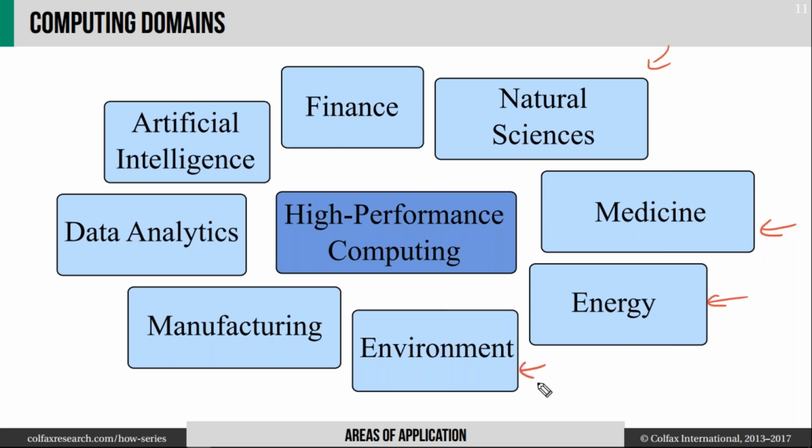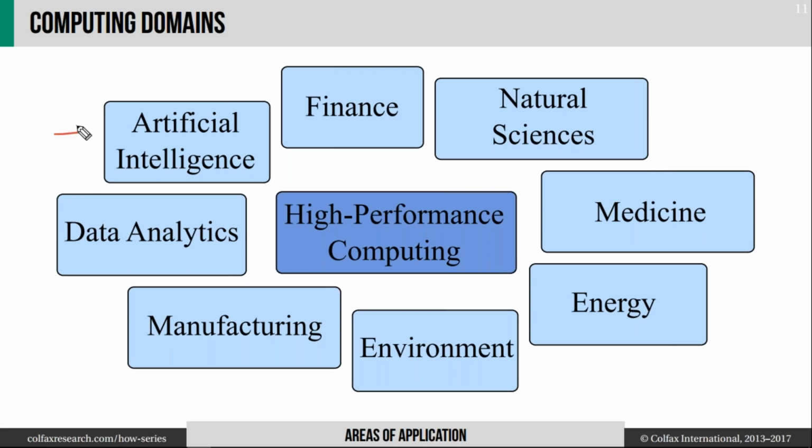Environmental studies use HPC to model climate and to predict weather. In manufacturing, computing is used to optimize the fuel efficiency of cars and aircraft. Data analytics makes use of high-performance computing to make marketing smarter and more targeted.